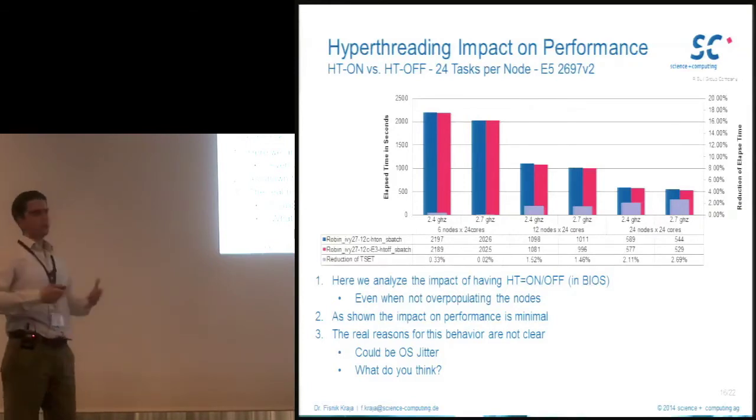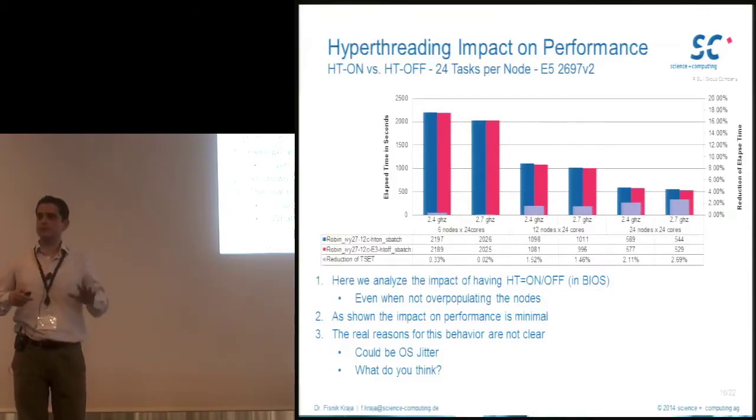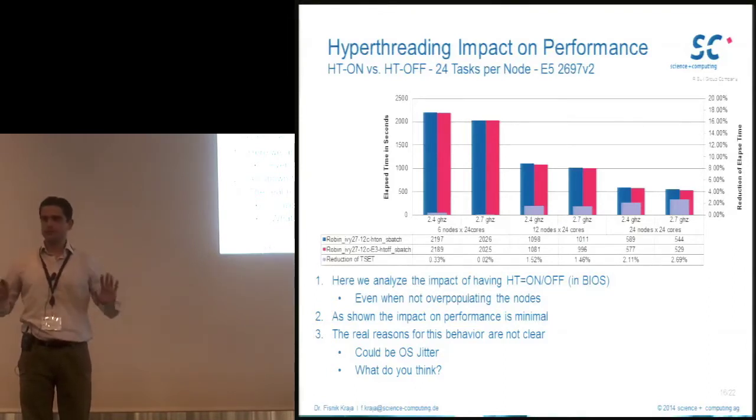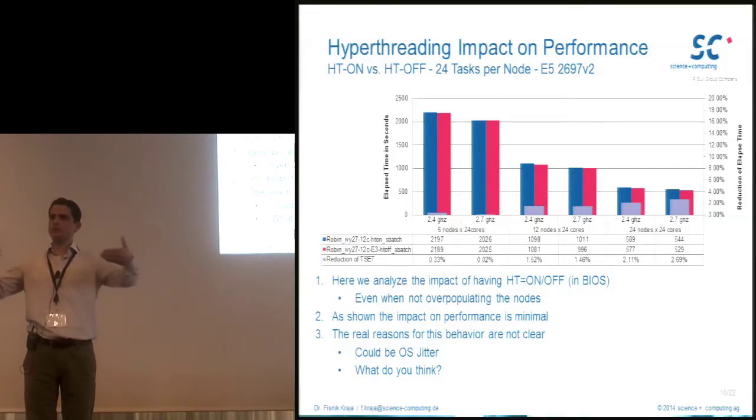Let's say on each node I put 24 tasks, 1 task per CPU core. But I could put 48 tasks there, but I'm not doing this here. I'm not using hyperthreading, I'm just running as many tasks as cores. This shouldn't impact the performance, if I compare the results from these 2 nodes.